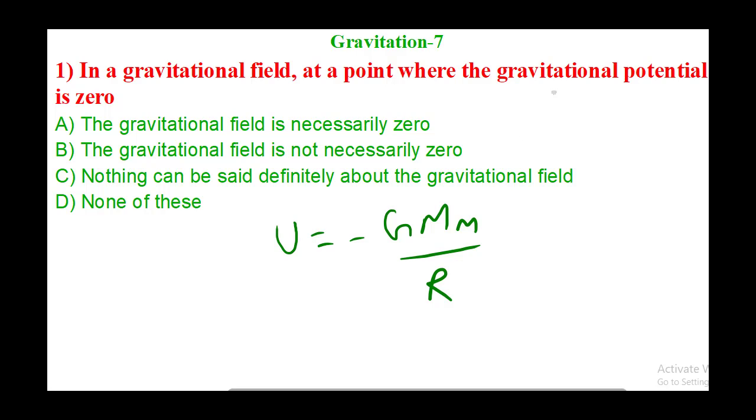To make this gravitational potential equal to 0, no mass must be left in the entire universe. So in order to make this 0, the gravitational field must be 0, else this will never become 0. So the first option, the gravitational field is necessarily 0.